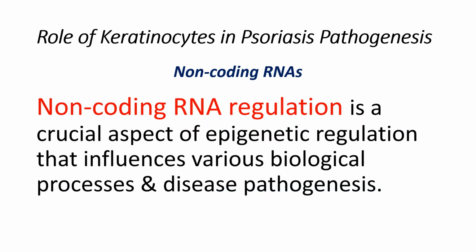As regards non-coding RNAs, in addition to genetic factors, epigenetic regulation plays a significant role in psoriasis. Non-coding RNA regulation is an important aspect of epigenetic regulation that affects various biological processes and disease pathogenesis. The role of non-coding RNAs, particularly microRNAs in psoriasis, has been extensively studied in many researches.